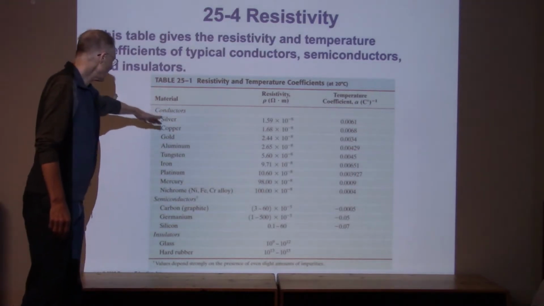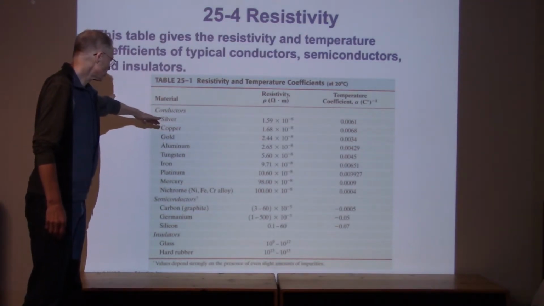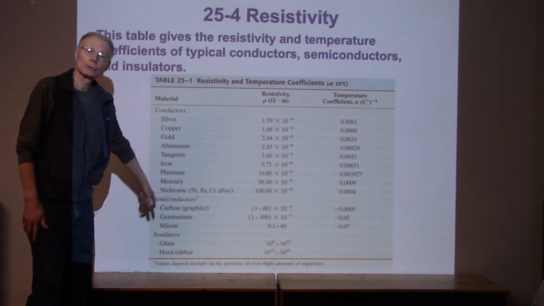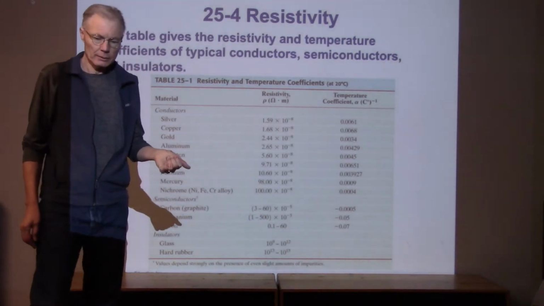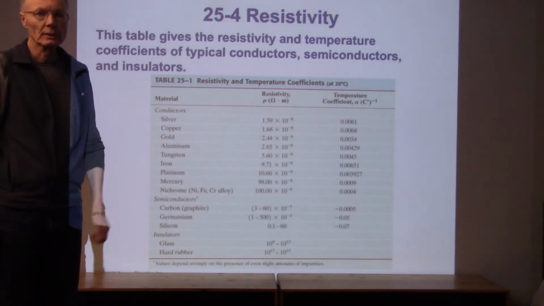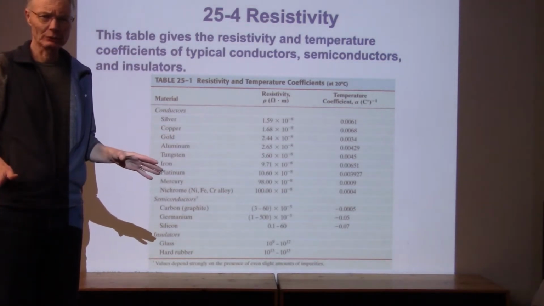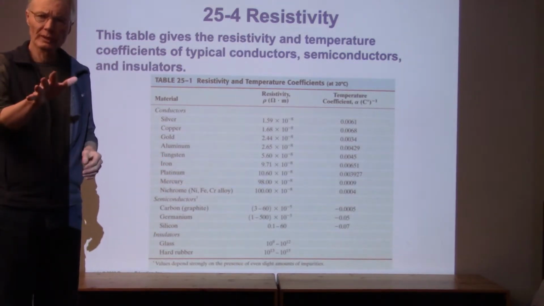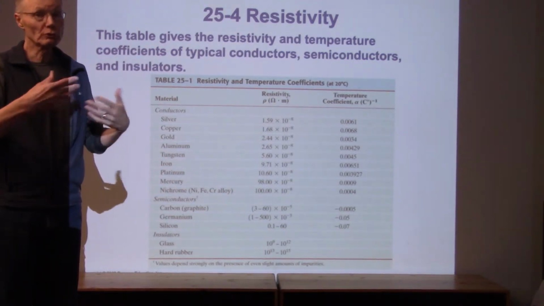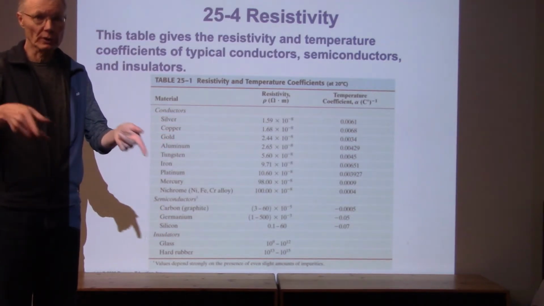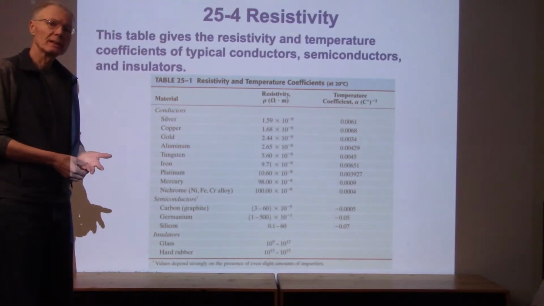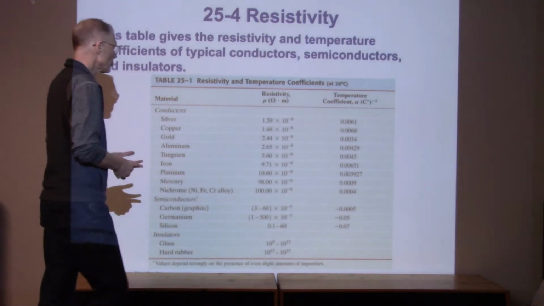It's listing common materials, conductors here, and then down below it's listing semiconductors. So things like silicon and germanium, even carbon, can be thought of as a kind of semiconductor. They don't have very good conduction properties, but once you start increasing the voltage, the current can become significant, especially if you've placed impurities in some of those materials.